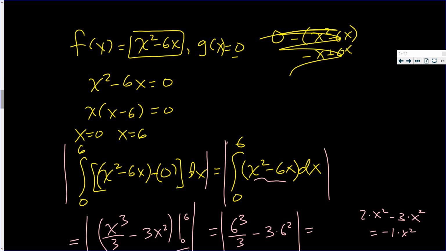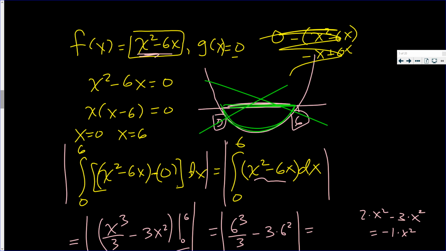Between 0 and 6, this graph is on top of this one. I really did do it backwards, but I don't care. I'm not going to spend my time graphing it. I'll just take absolute values. That really works.